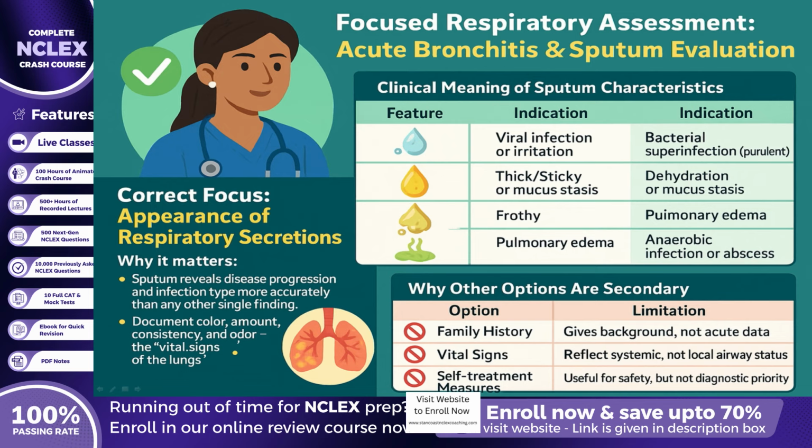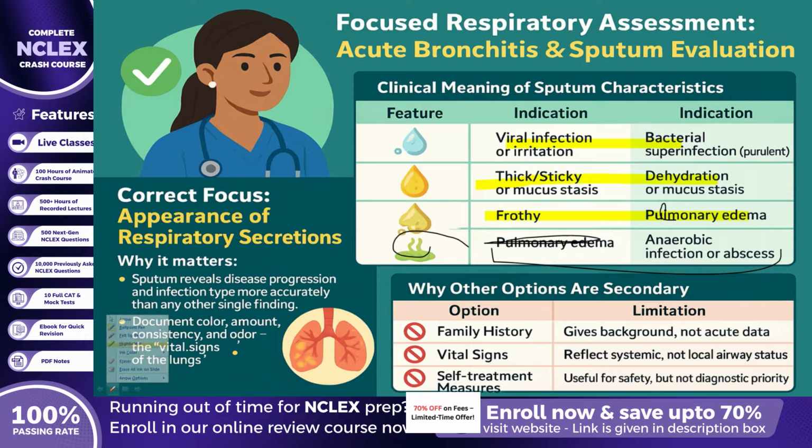For example, yellow or green sputum suggests purulent infection, often due to bacterial superinfection, whereas clear sputum indicates a viral etiology. Thick, sticky mucus implies dehydration or mucus stasis, while frothy sputum may point toward pulmonary edema. If the sputum emits a foul odor, this could indicate anaerobic infection or a developing lung abscess.